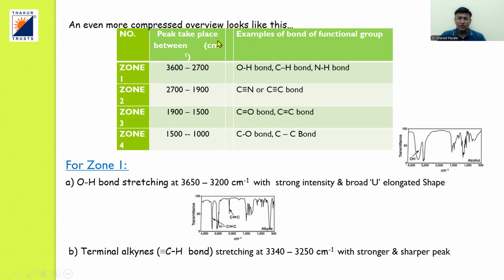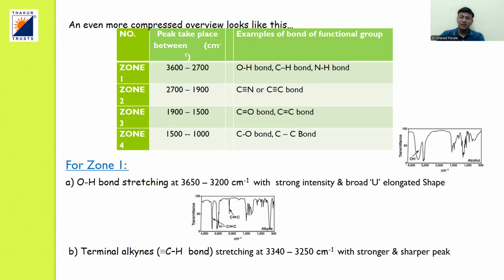Done? Then 2700 up to 1900 is the triple bond region, either carbon triple bond nitrogen or carbon triple bond carbon. In the same region you will also find azide, N3. So that is zone 2.